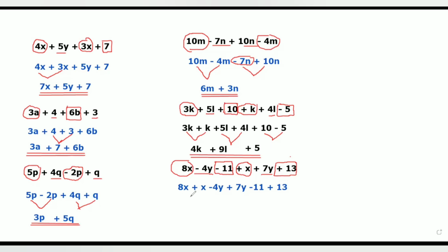First we have 8x plus x. There are 8 x's, and when one more x is added it becomes 9x. Right? Next we have minus 4y and plus 7y. Now what do we do? You can see their signs are opposite. So we subtract the smaller one from the bigger one. 7y minus 4y is 3y.